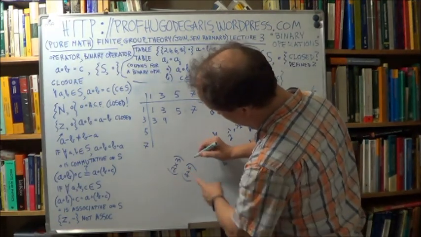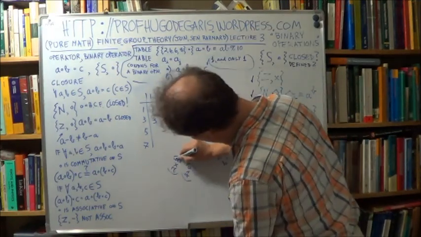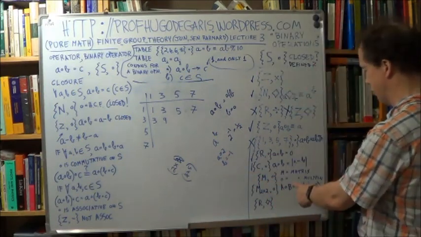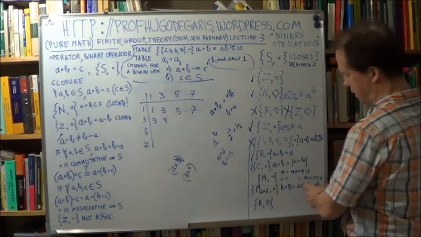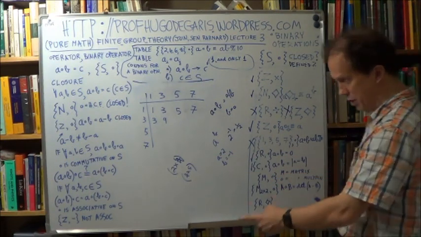To be able to multiply them, this number and this number have to be the same. So if this were a 4, that would be defined. Then you could multiply the matrices, right? And you would get a matrix, and therefore it would be closed. But this set here is any matrix.